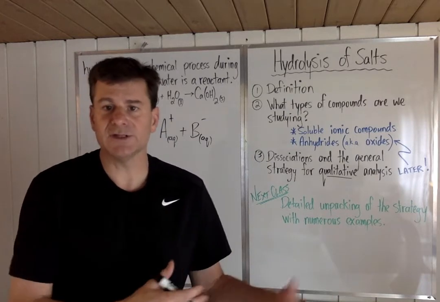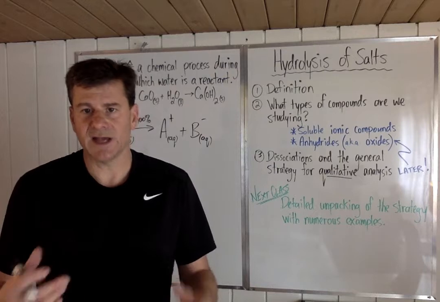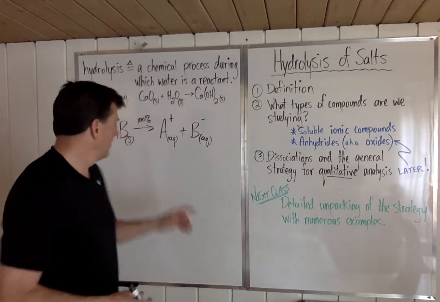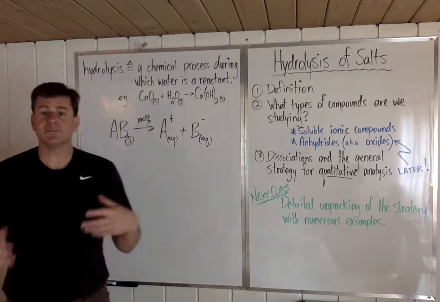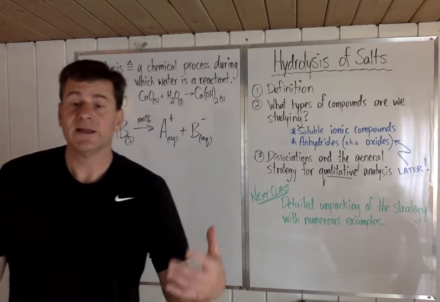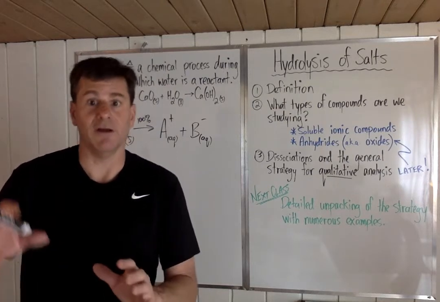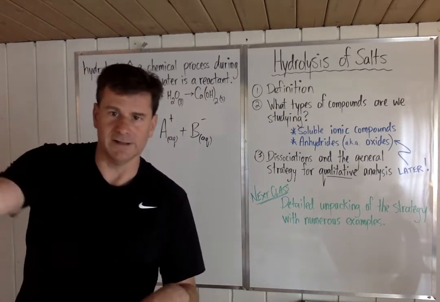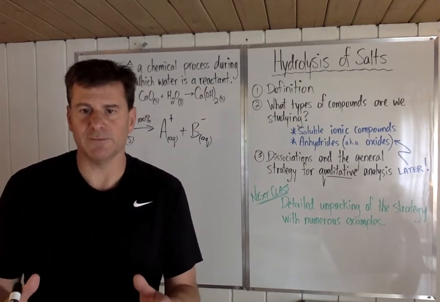Does B minus do anything in water? Does either of those ions hydrolyze? Does that hydrolyze? Does that hydrolyze? And I ask them separately, okay? Sometimes they'll even predominantly react with each other. We'll get that one. That one's kind of down the road. That's kind of weird. But the general question is, do either of them do anything?